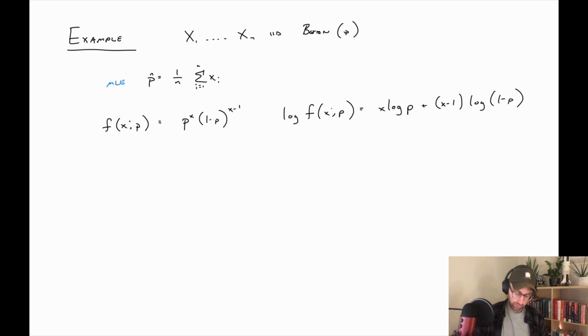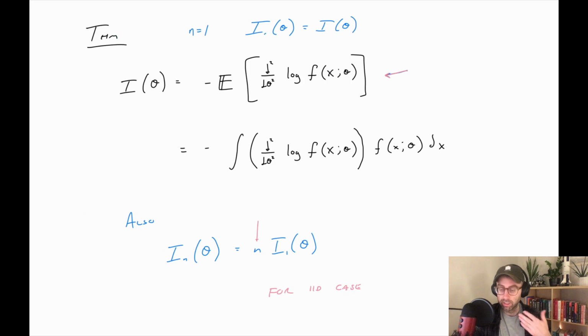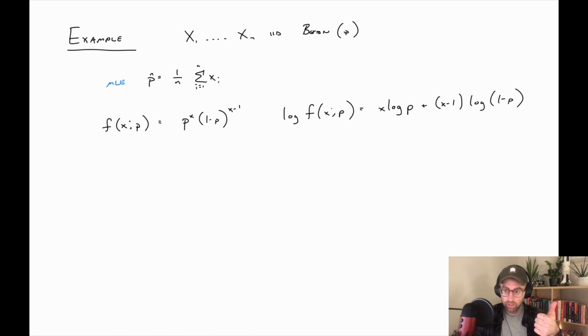If we think about what we need to do here, I'm obviously going to need to calculate the estimated standard error, which means I'm going to need to calculate the Fisher information, which means I'm probably going to calculate the Fisher information for a single random variable X. Okay, so calculate the score function, calculate Fisher information for a single observation, then calculate the Fisher information for the whole sample, then calculate the standard error, and then do the usual thing to make the confidence interval. So that's roughly what we're going to do.